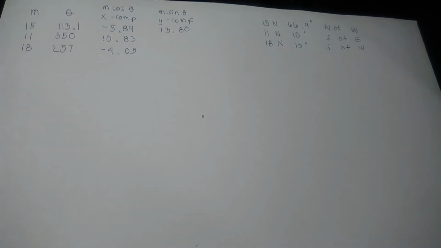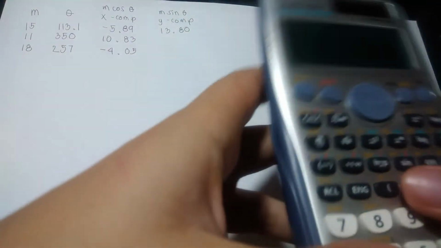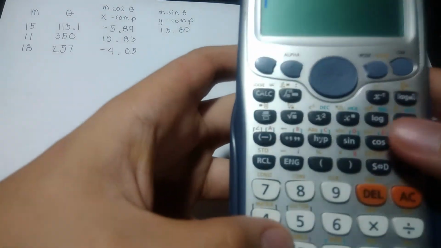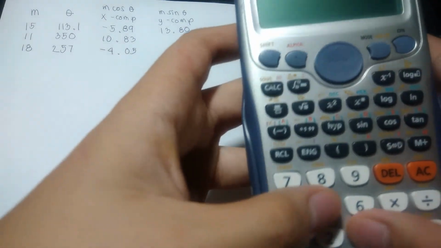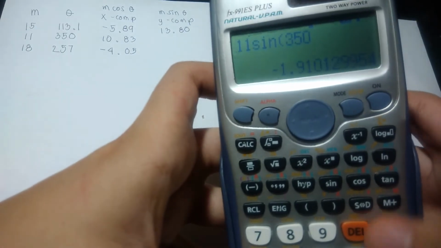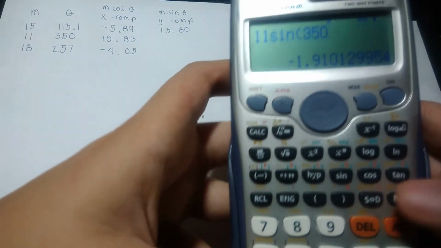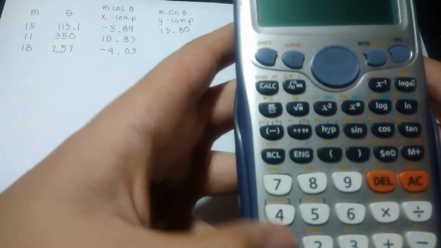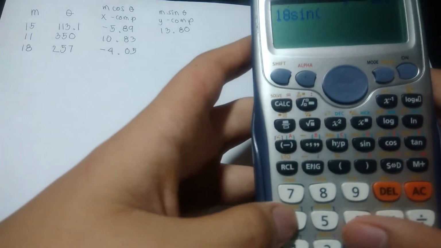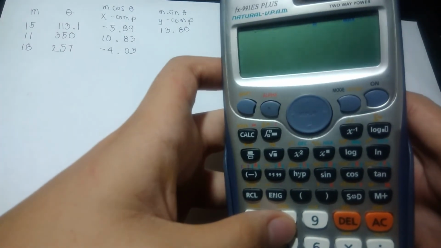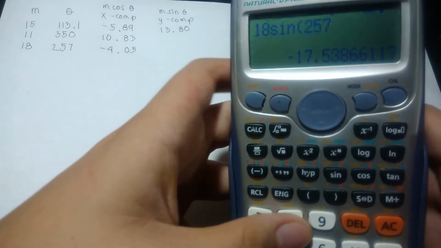And the process is also repeated. So 11 sine 350 is negative 1.91. 18 sine 257 is negative 17.54.